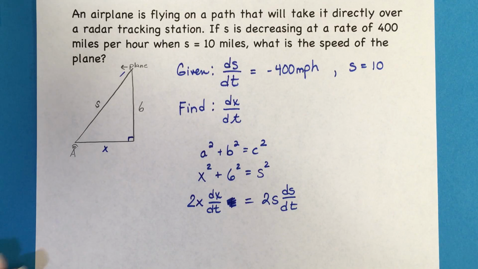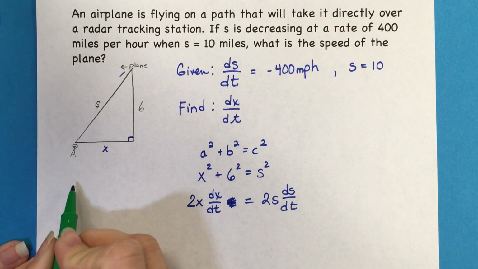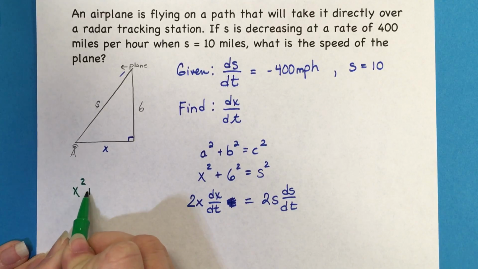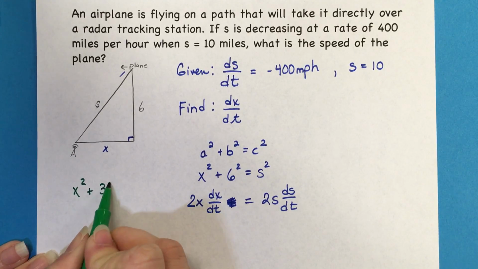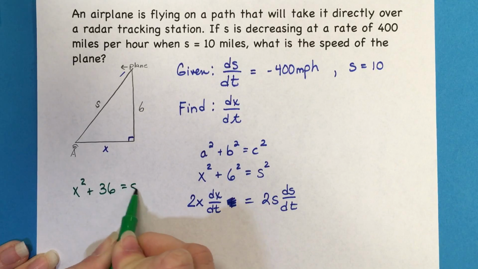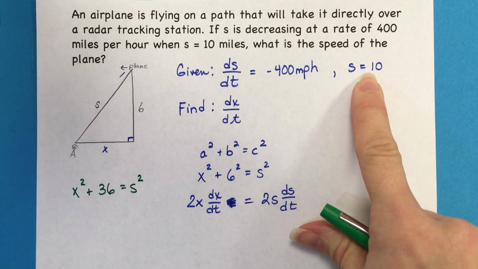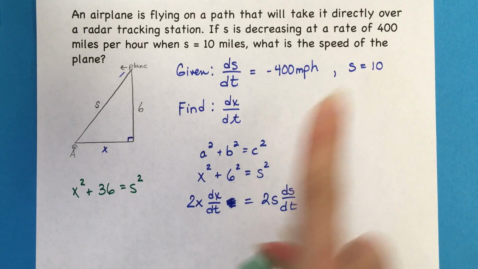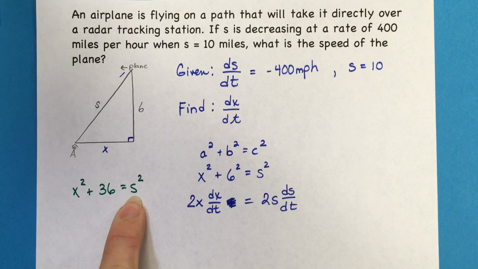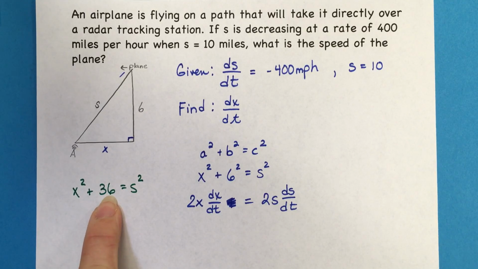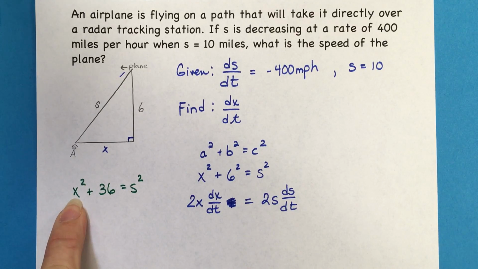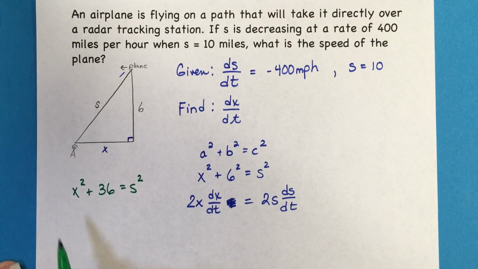Using your Pythagorean theorem, remember you've got the x squared, of course 6 squared is going to be 36, I'll go ahead and do that, and that's equal to s squared. Well, you're wanting to know this rate of change specifically when s is equal to 10. So you can substitute in the 10 for your s, which will give you the opportunity to figure out what x needs to be.